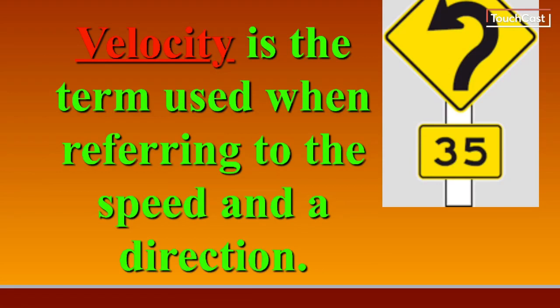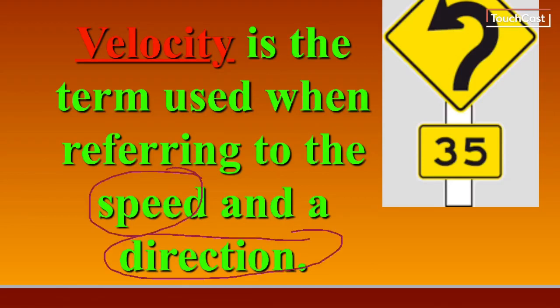Our second essential question asks us, how does one determine the velocity of an object? Velocity is the term used when referring to the speed and a direction. So velocity uses our first word, speed, and the only thing we have to add is a specific direction.